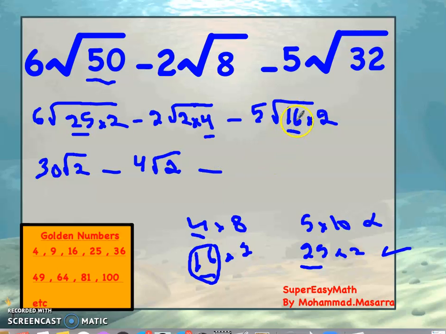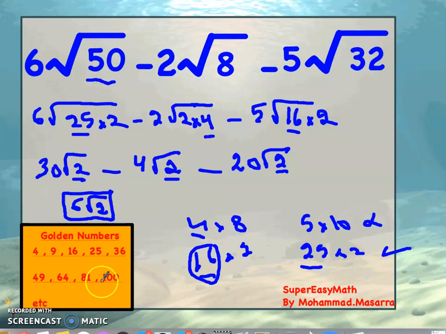This 16, it will become 4. Multiplied by 5, 20. And the last step, we have the same radicand. We will add the numbers outside. So 30 minus 4 equal to 26. Minus 20 equal to 6 square root of 2.